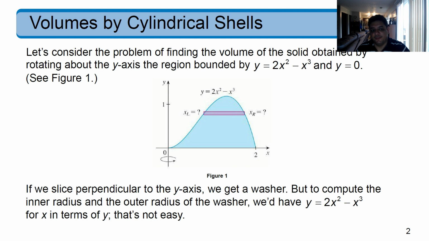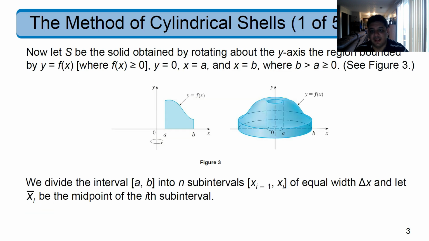The problem is the function cannot be solved easily in terms of y. y equals 2x squared minus x cubed is not a function where we can just move the x around and find what it is in terms of y. It's not as easy. So what we do instead is use the method of cylindrical shells.